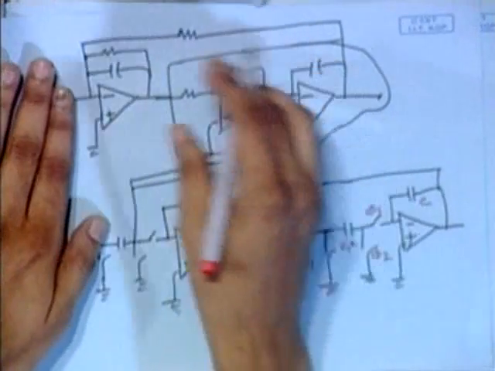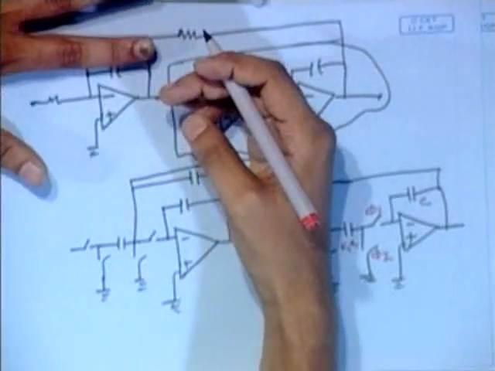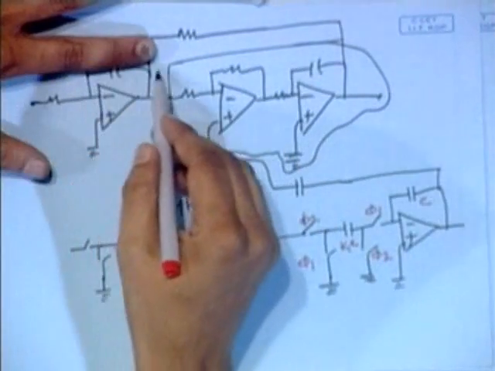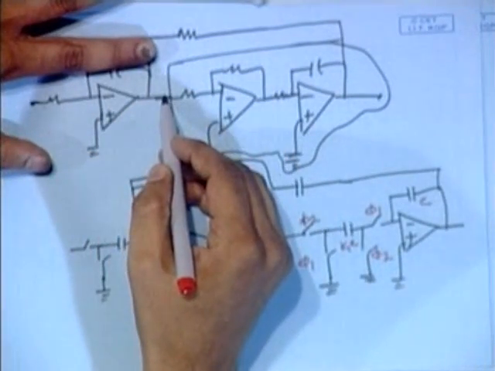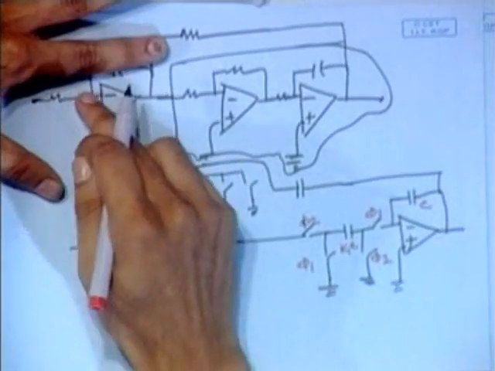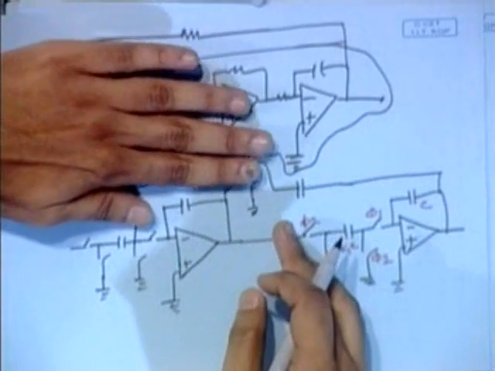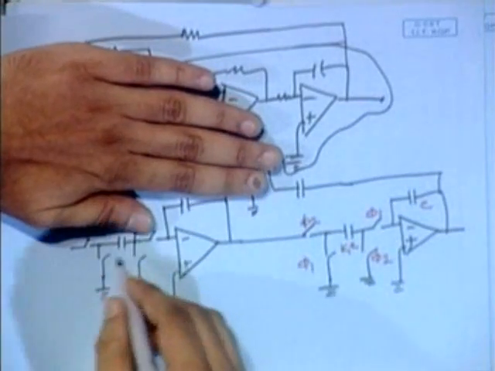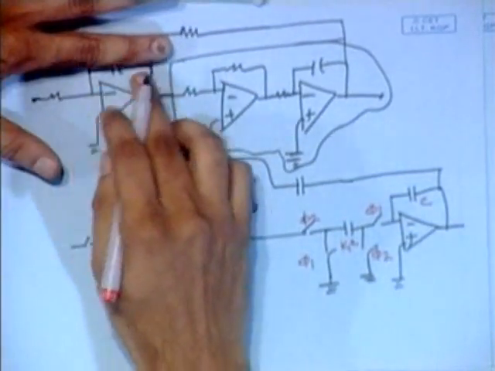Now coming back to the first stage, first we are taking the first portion, this is the integrator only. So to make this integrator, only this one, this resistor and the capacitor, we are taking this one, that this is integrator and this is inverting integrator.